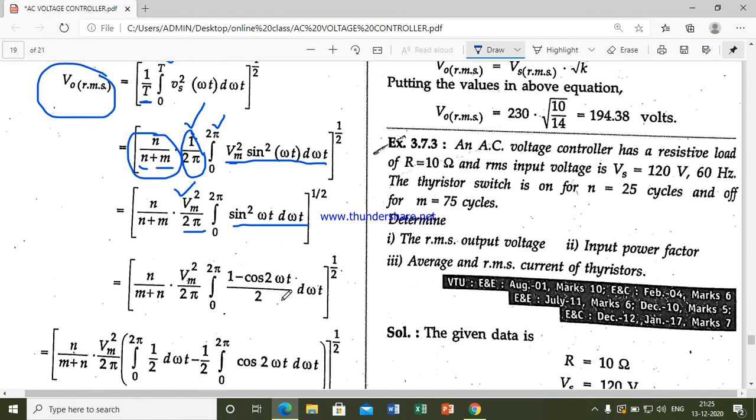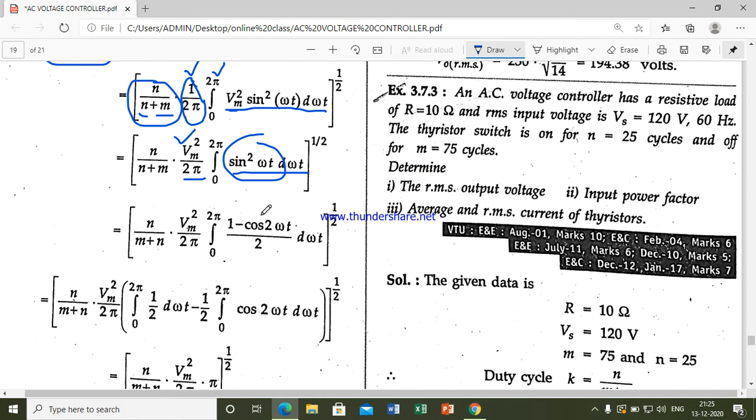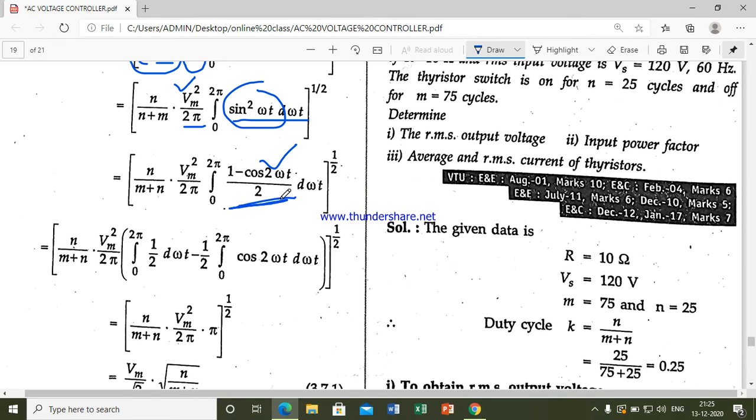So next, how can we write sin square omega t? You can write this as 1 minus cos 2 omega t divided by 2. Sin square omega t can be written as 1 minus cos 2 omega t divided by 2. And in this case, you can take 1 by 2 outside. You keep that 1 by 2 outside. Next, the constant is 1. Next, cos 2 omega t divided by 2.